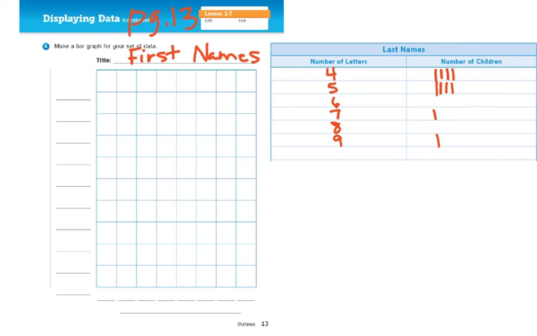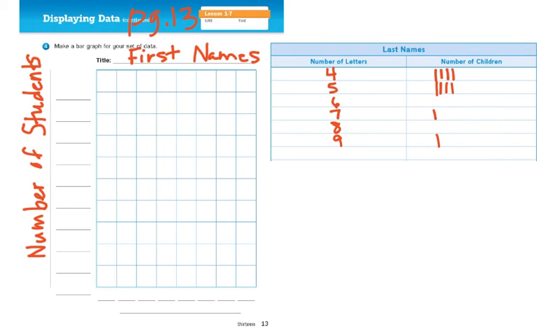Then on the left-hand side, we are going to write the number of students. So I'm going to turn my journal to the side a little bit. Number of students. Now, if I were in a classroom in person and I had 25 students, I probably would want to number it by 2s or by 5s.